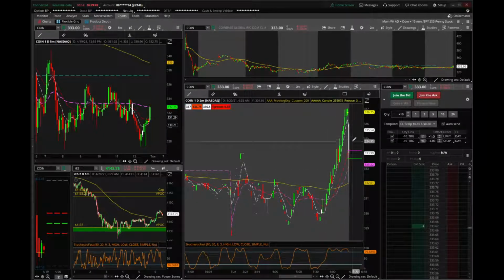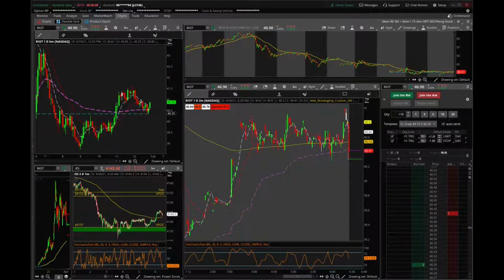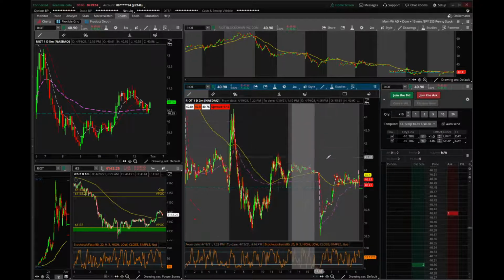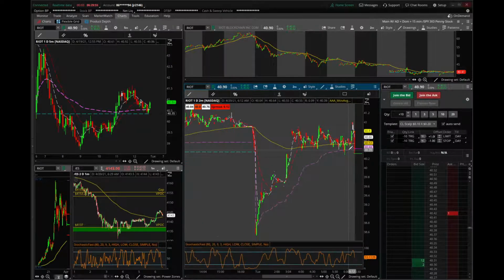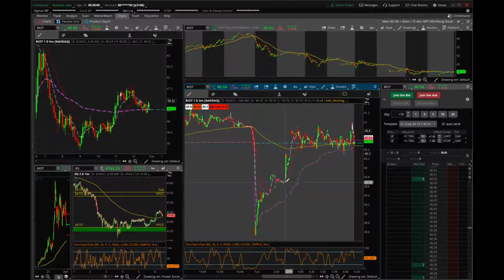So Coin, I personally don't like the way Coin's been trading. So that's me personally. So let's take a look here, right? The market's about to open. I like pre-market because pre-market will tell you a lot of times where things will go, or potentially bounce.